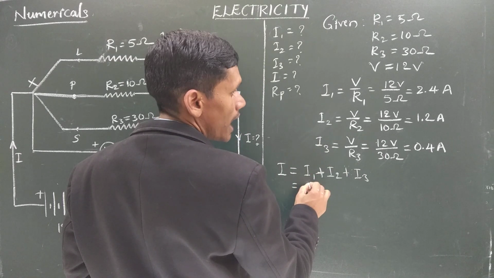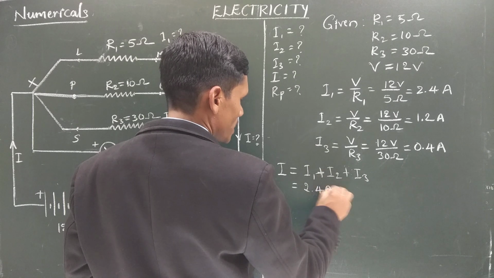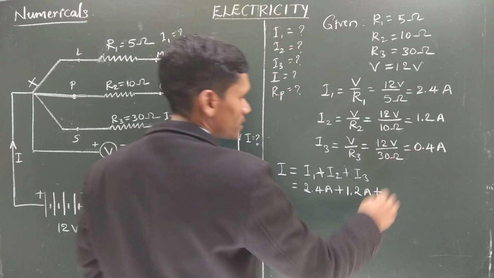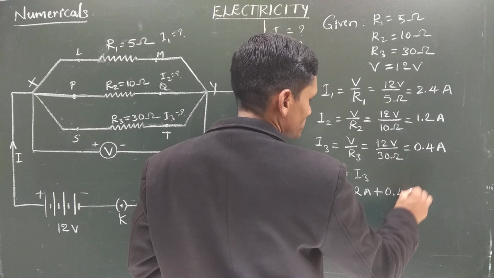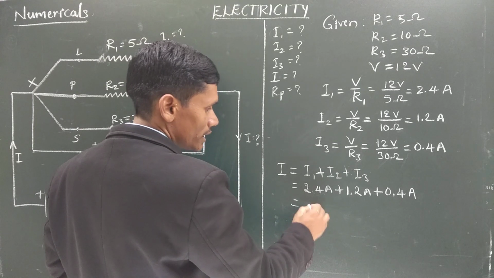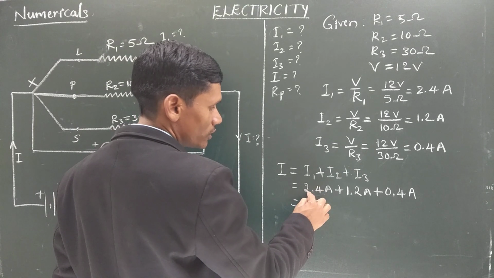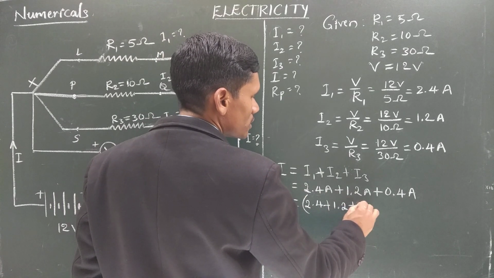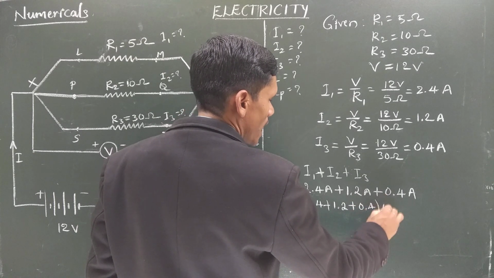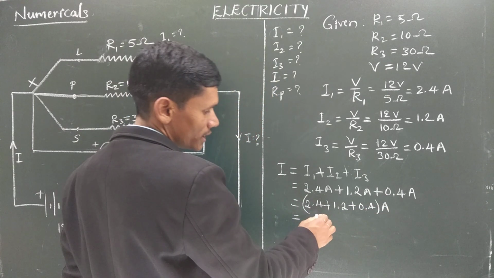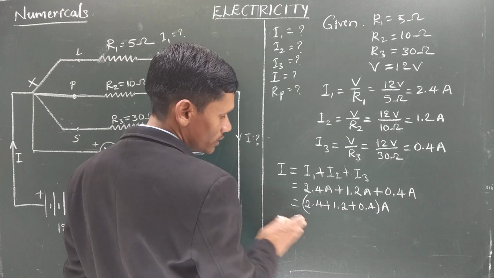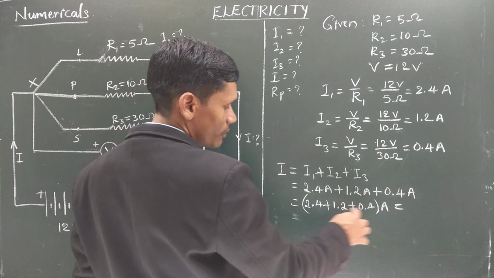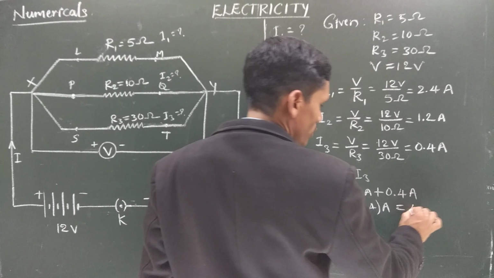Now by adding: 2.4 ampere plus 1.2 ampere plus 0.4 ampere. 2.4 plus 1.2 is 3.6, 3.6 plus 0.4 is 4 ampere.